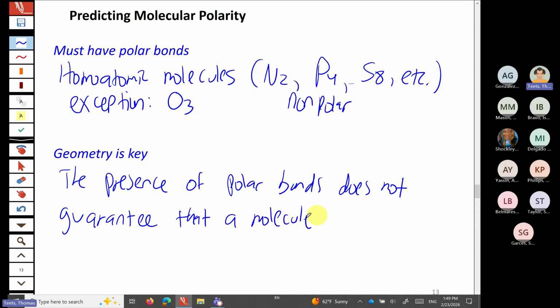We'll give some examples, but there are many. It's a very common situation to have a molecule where all the individual bonds are polar, but those polarities all cancel out and the whole molecule itself is nonpolar. So in order to make that determination, you have to also look at the shape of the molecule, not just the electronegativity values of the atoms in the individual bonds.